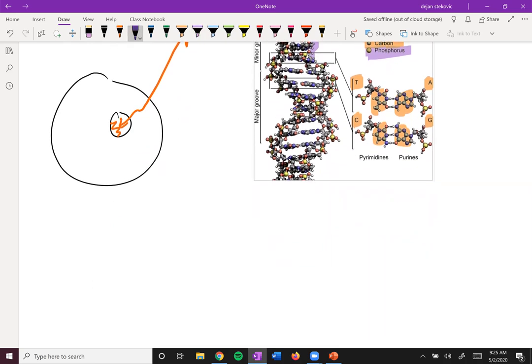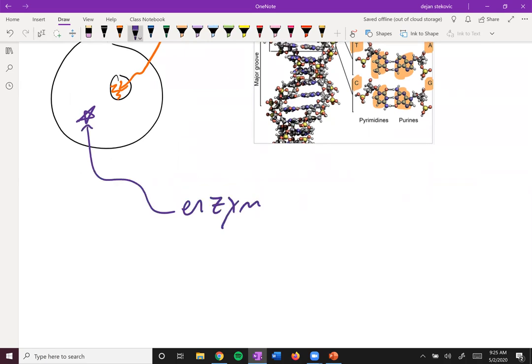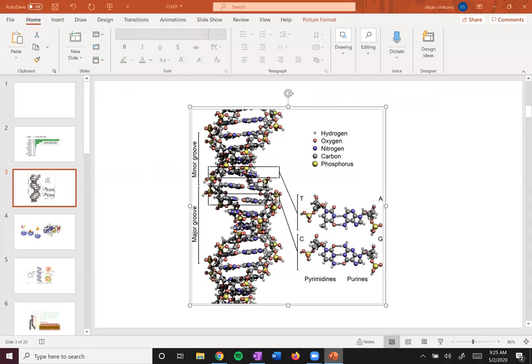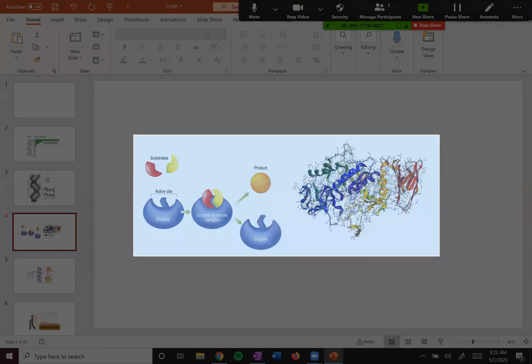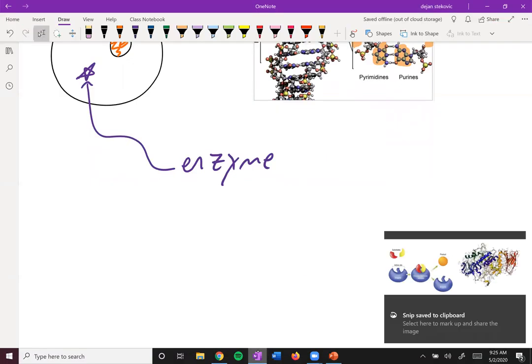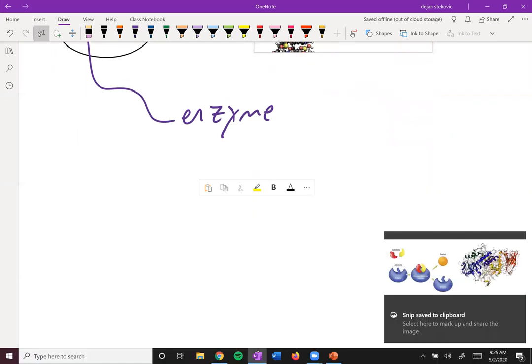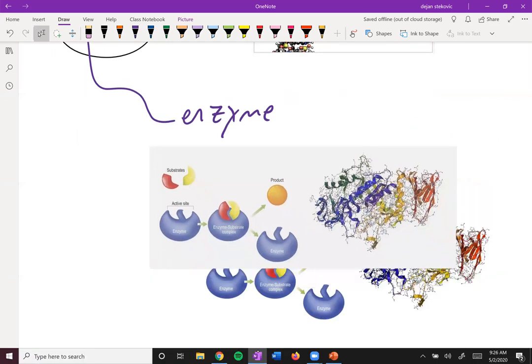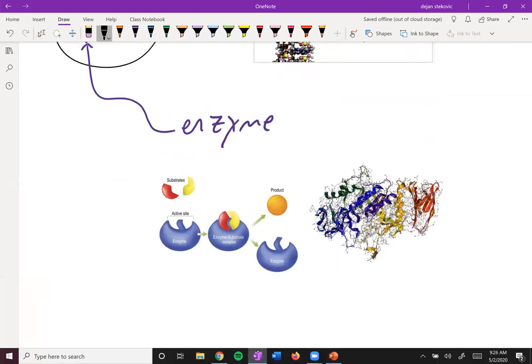Let's think about some other parts of the cell. Another very important component of cells are enzymes. So as this diagram right here shows, enzymes are kind of the little worker bees of your body. They take in compounds, substrates, do some stuff with them, and then pump out some kind of product.